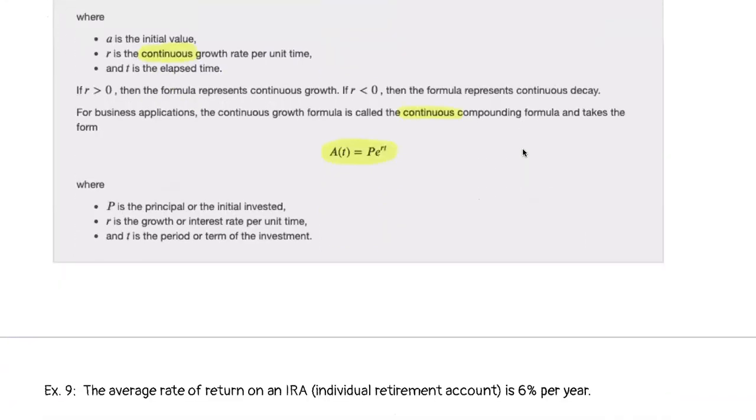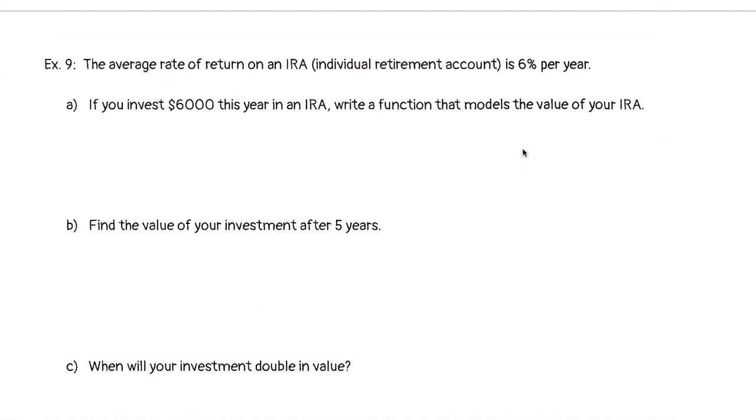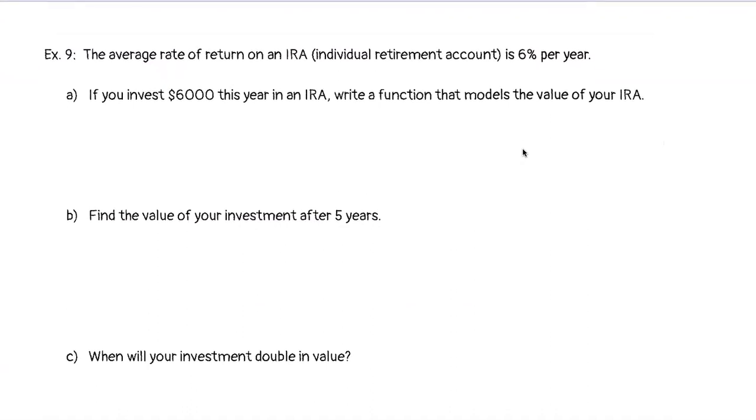So let's take a look at two examples where we're going to use A equals Pe to the rt instead. For the average rate of return, here's our IRA again. We can look at this using a continuous model, because the truth is that any sort of investment is a continuous model, not one where every month they count your interest.